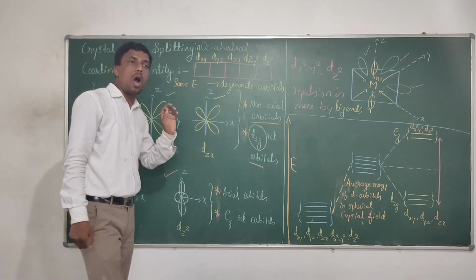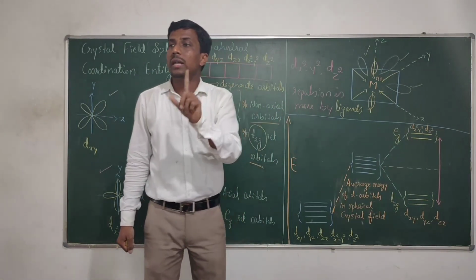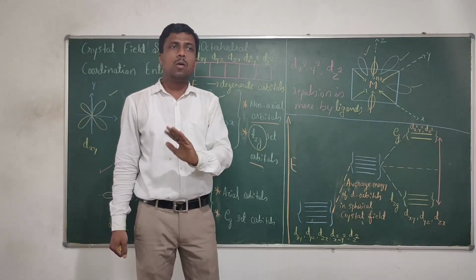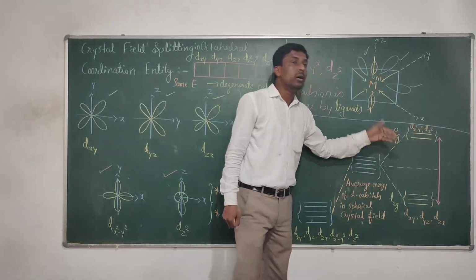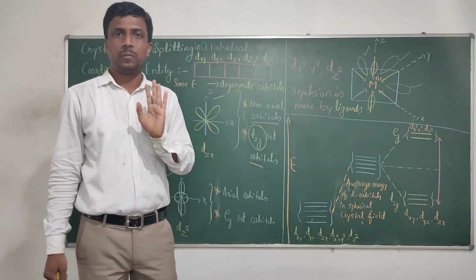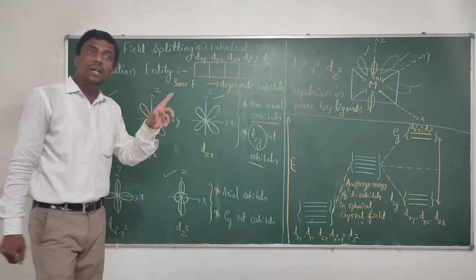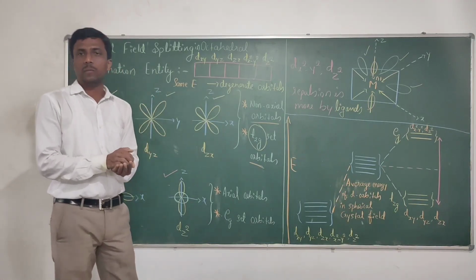These lobes are not present along the direction of the approaching ligands. They will have less repulsion. Their energy will be lower than the other two orbitals. This is the concept of crystal field splitting in octahedral coordination entity.